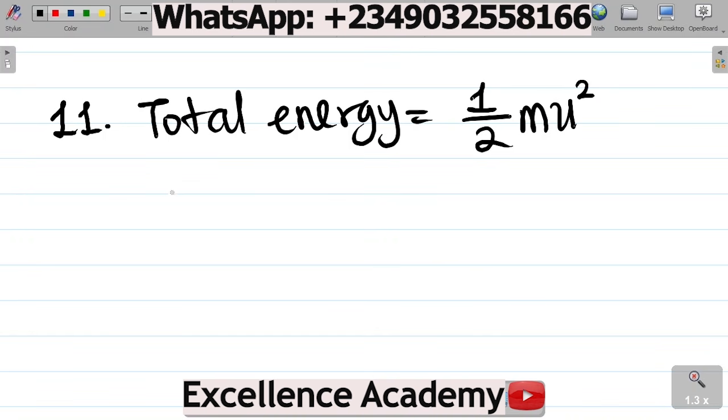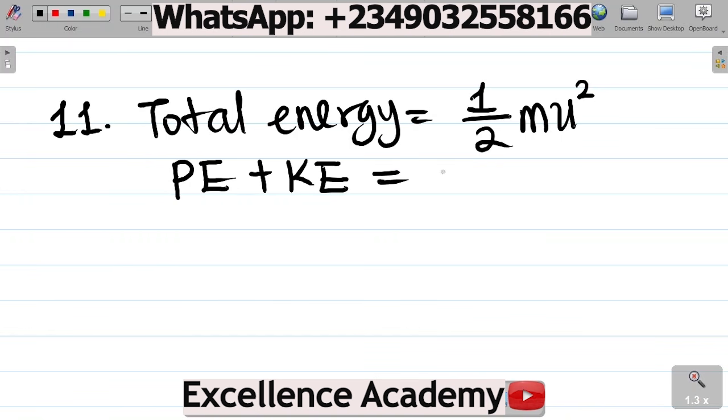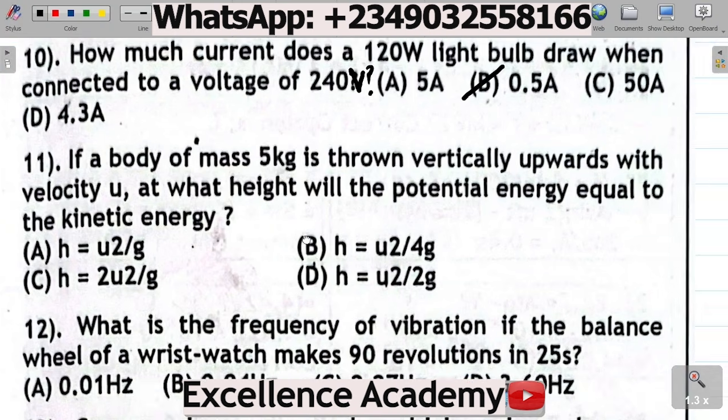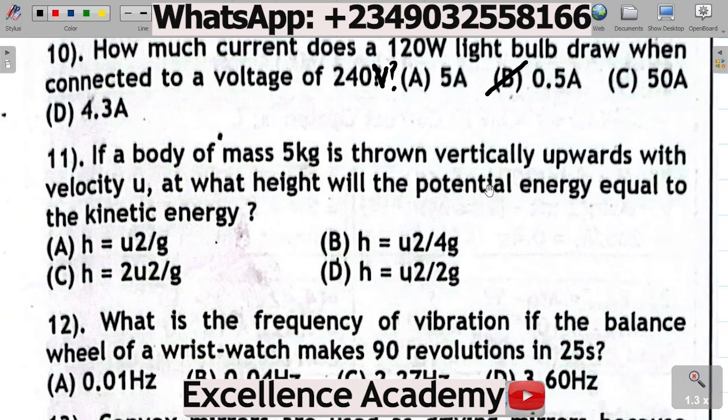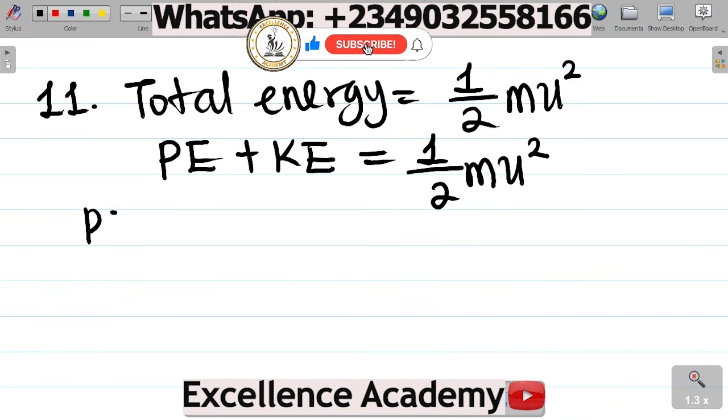Again, the total energy is equal to the sum of the potential energy plus the kinetic energy. So the sum of potential energy and kinetic energy gives you total energy, and that will be equal to half mu squared. Looking at the question again, they said, at what height will the potential energy be equal to the kinetic energy? That means let PE be equal to KE.